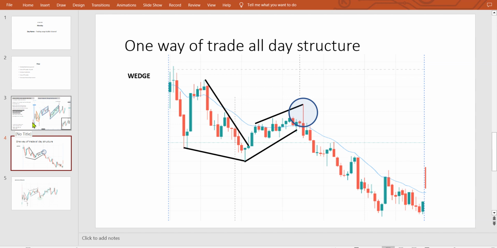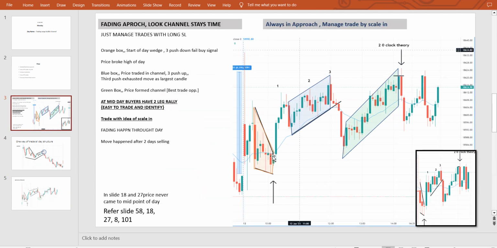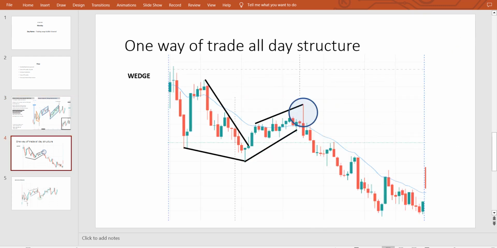We will just focus on that and manage well and trade well. Okay. Let's say I consider it as a wedge and I consider midday average. This is the price broke down to midday. So we will take a lot of example on midday approach and wedge. I consider it as a wedge approach here.